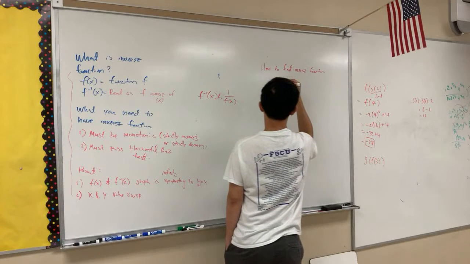So there's a 4-step, and I don't usually like steps. That's not my thing. But in this case, the breakdown really is a lot easier. So there's a 4-step, unfortunately. If you start with f of x, you change the f of x with the y. The second step is to swap x and y.